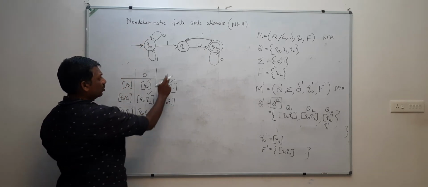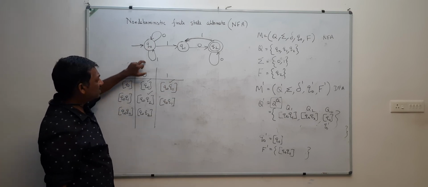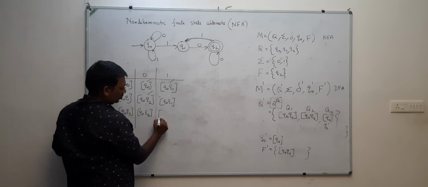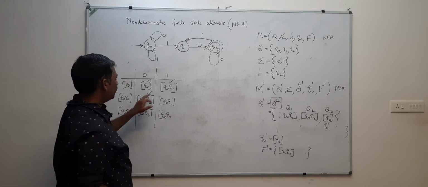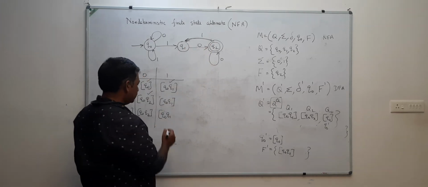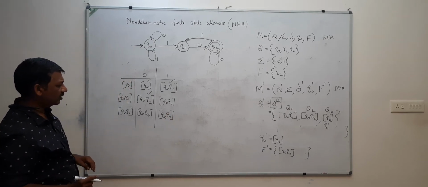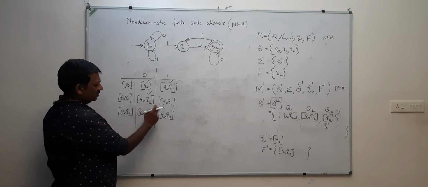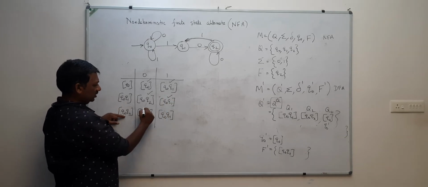And {q0, q2} on 1: q0 on 1 is either q0 or q1, that means {q0, q1}, and q2 upon reading 1 comes back to q1. That means q1 union q1, which is {q0, q1}. Now the transition for {q0, q2} is over. {q0, q1} is already defined, {q0, q2} is already defined.